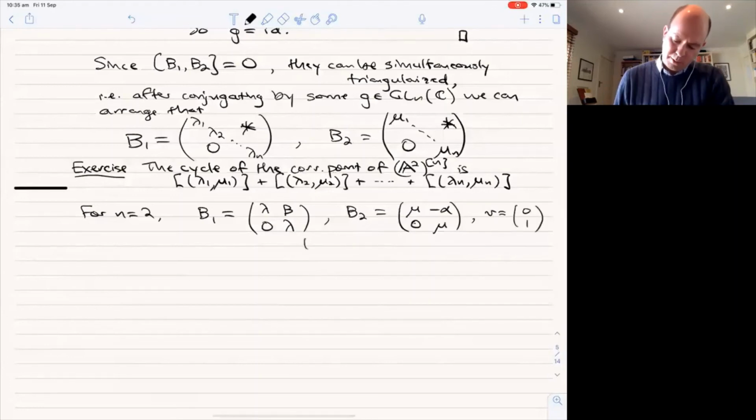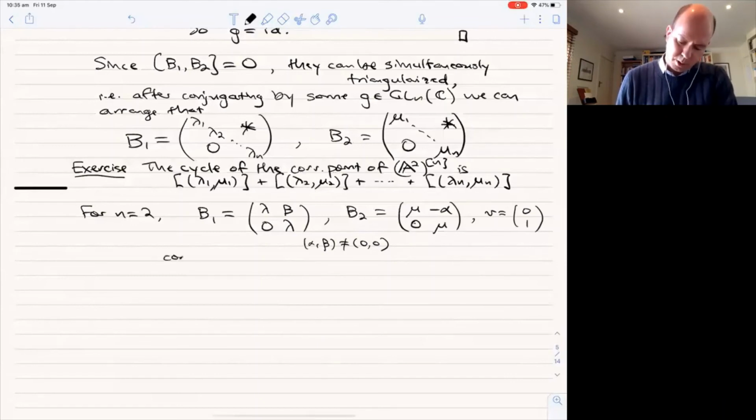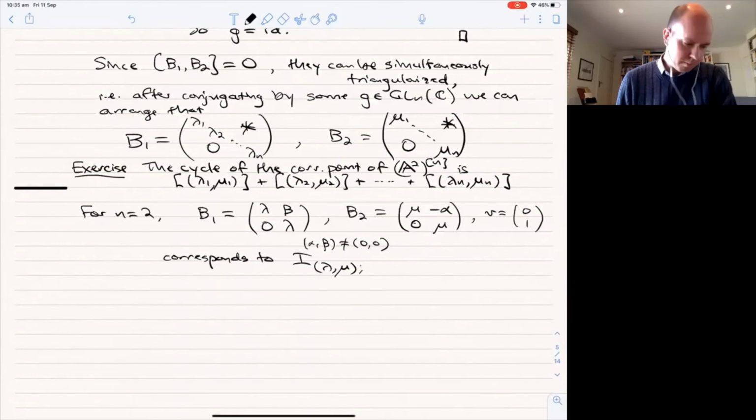If alpha and beta are not both 0, then this vector will generate the whole of C^2 under these two matrices. And this choice corresponds to the ideal that I had before that was called I lambda mu alpha beta.